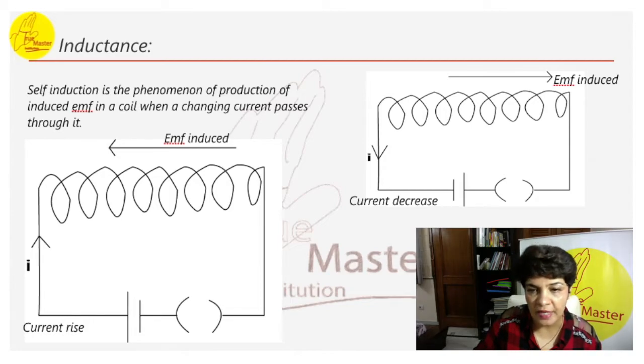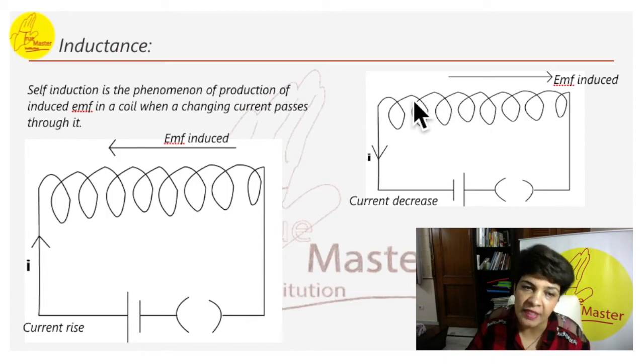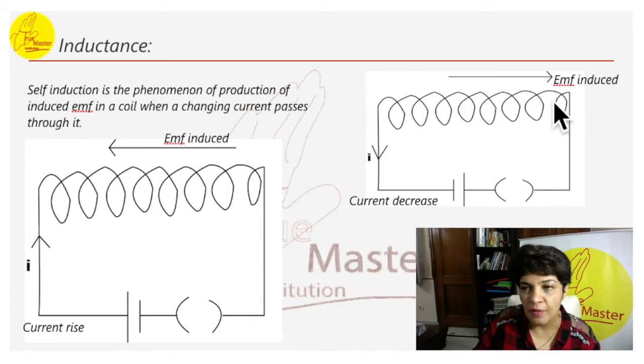If we now break this circuit, what happens? The current is decreased. Immediately after we switch off the battery, the current will start decreasing. When the current is decreasing, the EMF produced is in the same direction. Originally the current was in this direction, so the EMF will also be in that direction of the battery.